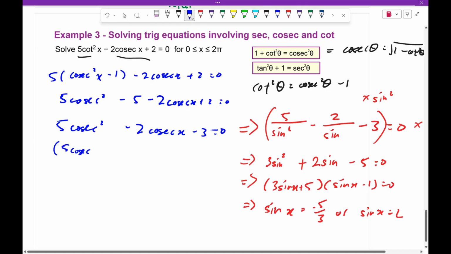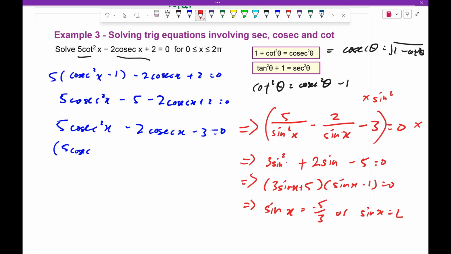Make sure you also keep the variable consistent, because marks will be deducted. This is 1, not L. So if it's cosec, you should get plus 3 cosec x minus 1.